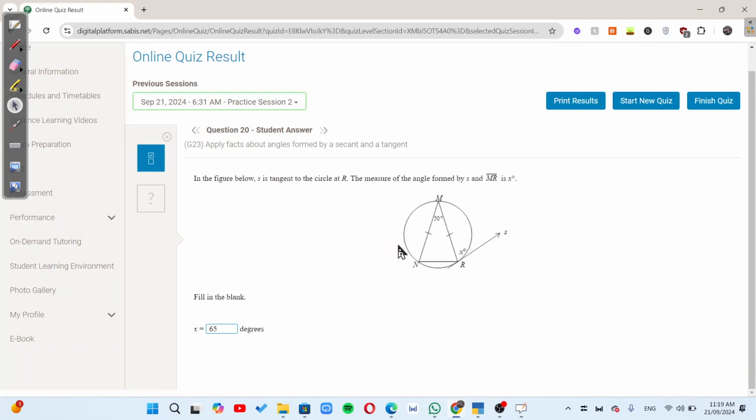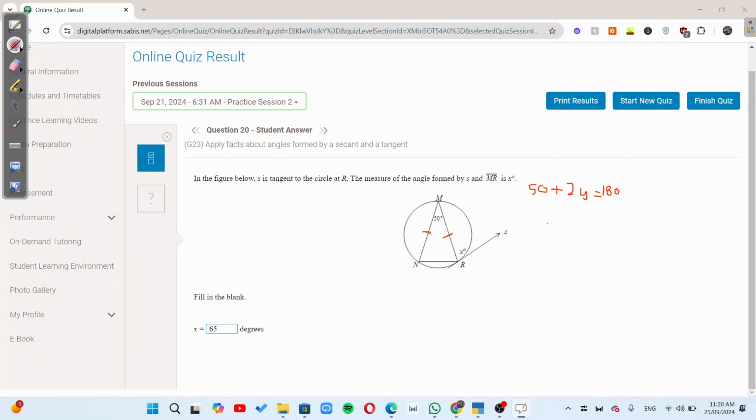Okay, so now this question. They told you that you have an isosceles triangle. And you know a triangle has to equal 180. So 50 plus, these two have to be equal, so let's label these y, plus 2y equals 180.